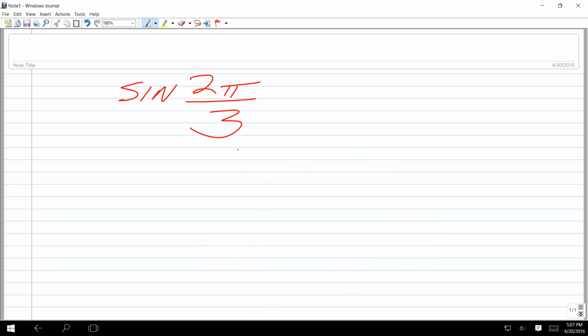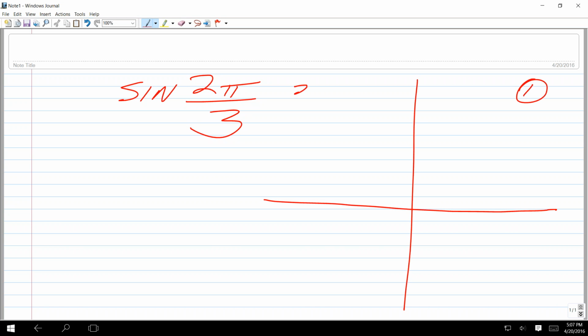However, the crux to this is not really whether it's in degrees or in radians. It's being able to figure out the reference angle. You've learned about reference angles? Yes.